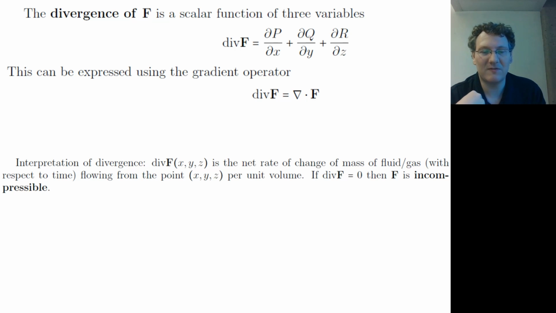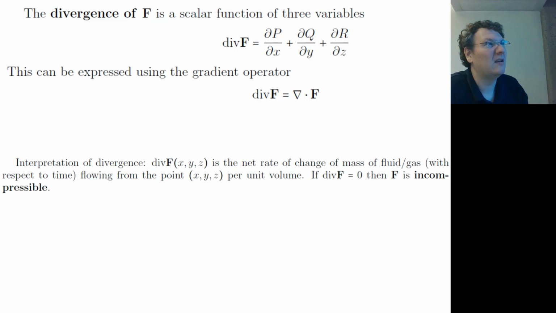If a vector field was describing something like mercury flowing around, or most liquids, I don't know if there are any compressible liquids really. Well, you can compress some liquids a little bit.